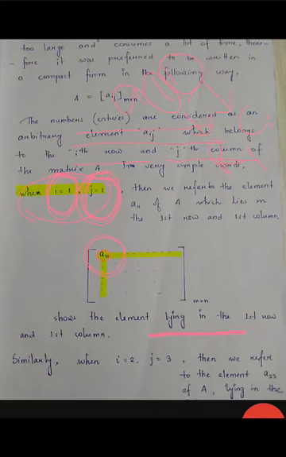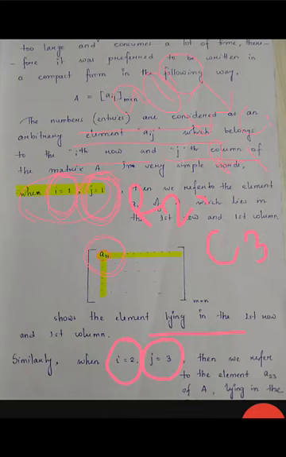Similarly, when i is equal to 2 and j is equal to 3, that means the position of the row is 2, that is R2, and the position of the column is 3, that means C3.